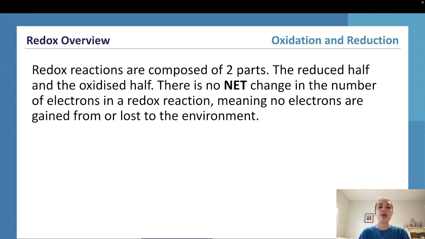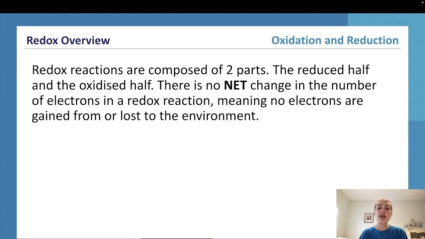It's important to note that, as I said before, these redox reactions are composed of two parts, the reduced half and the oxidized half. So instead of writing it as one big reaction, you can actually split these reactions into the reduced half and the oxidized half.